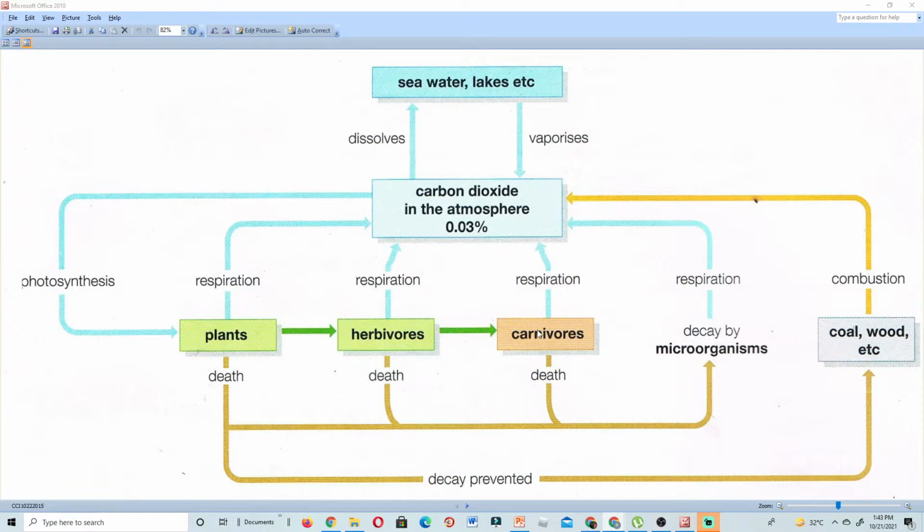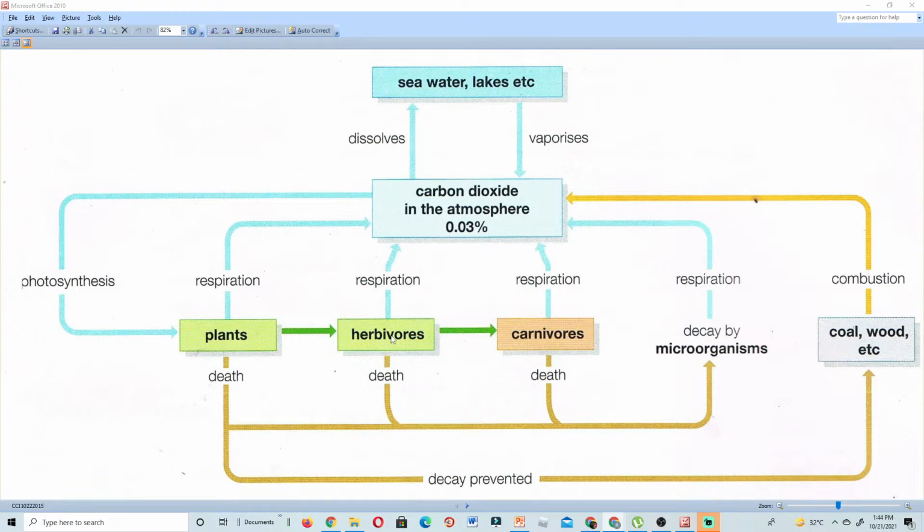The animals called herbivores are animals that eat plants only, for example, cow, goat. So in the box where you have herbivores, let's say we put cow in it. What they're saying is that whenever the cow breathes out, it breathes out carbon dioxide, and that is what the arrow going towards the atmosphere shows, because the atmosphere is the air around the cow.